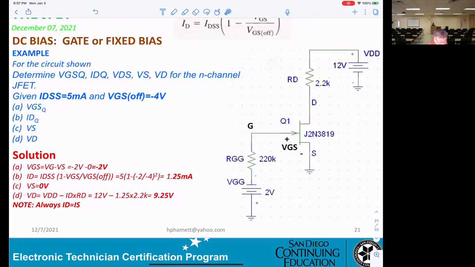And if you want VD, that means the voltage at the drain, use VDD minus ID times RD. And also VS, you know that equals 0. And also make sure you understand that IS and ID will always be the same.